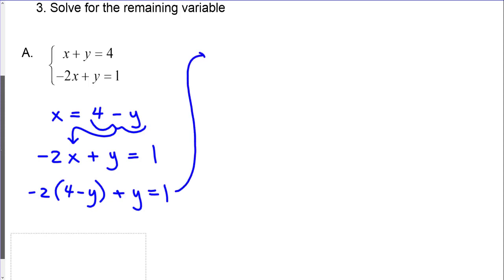So let's come up here and do that. First, I'm going to distribute the -2 into my parentheses, which would give me -8 plus 2y plus y equals 1. Now I have 2y plus y.